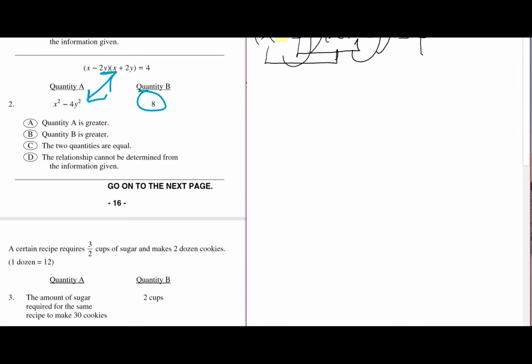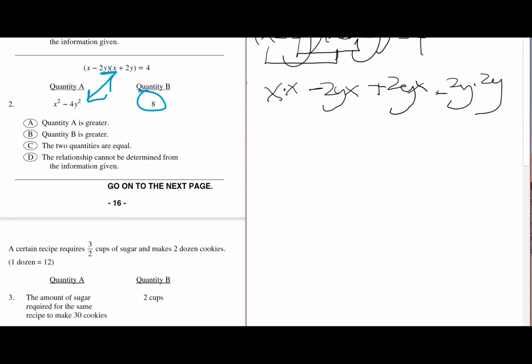So when you have a minus and a plus, the intermediate terms cancel. So what you find here is you have x times x, and you have minus 2yx plus 2yx. Those are your intermediate terms, and then the outer terms is minus 2y times 2y.